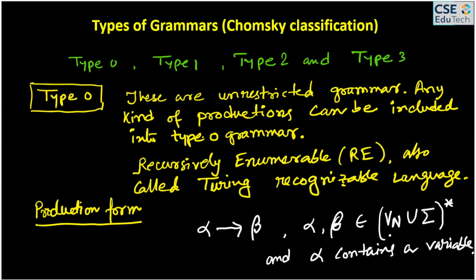What is Vn? Vn is basically non-terminals, and sigma is the input alphabet, the terminals.